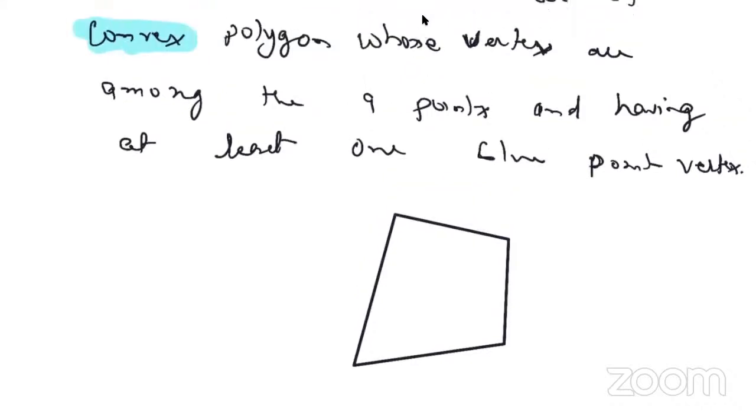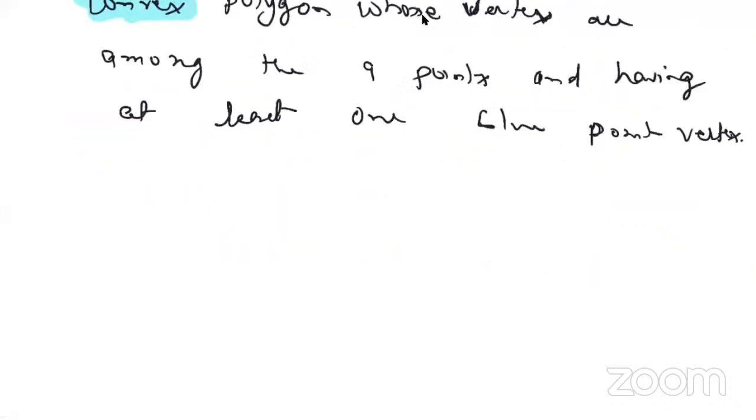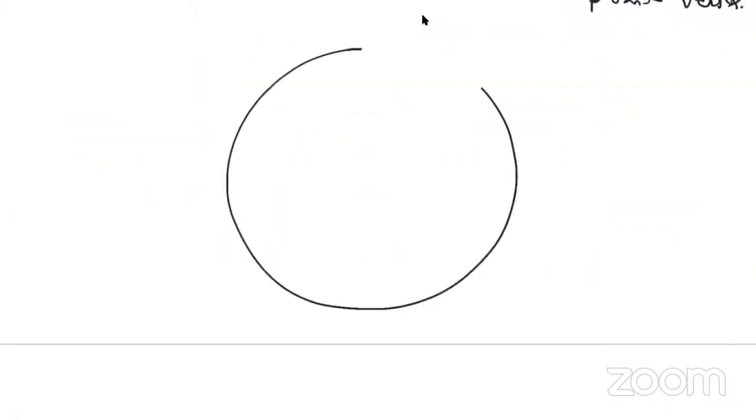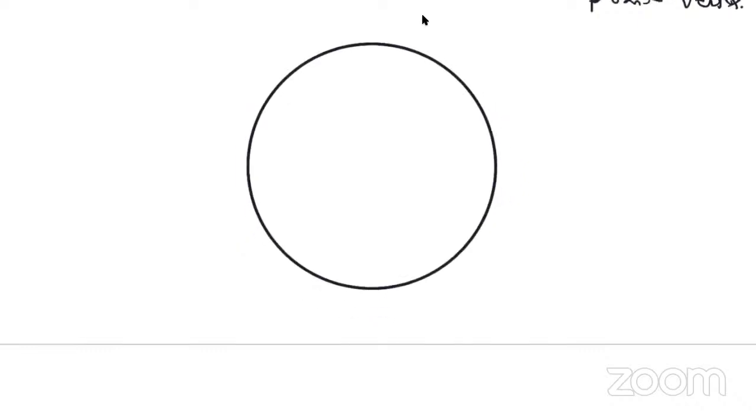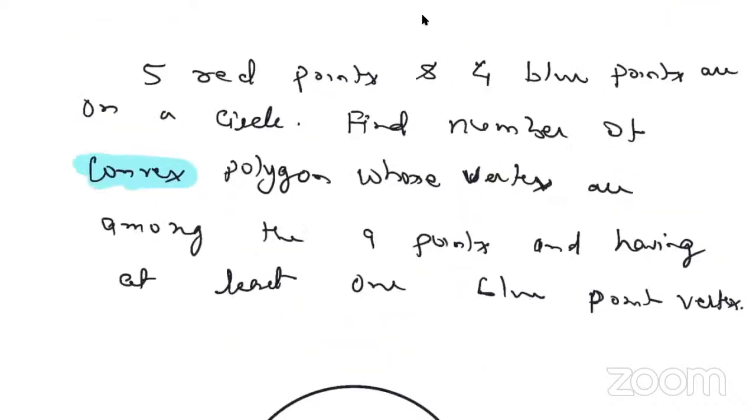And remember this thing: in a circle, with any arrangement, if you are taking a few points out of 9 points, 100% you will always get the convex one.